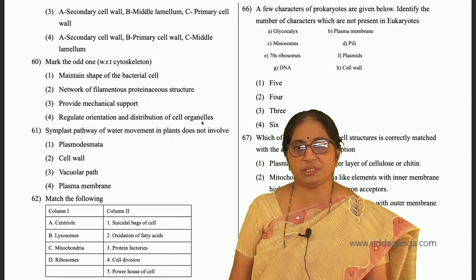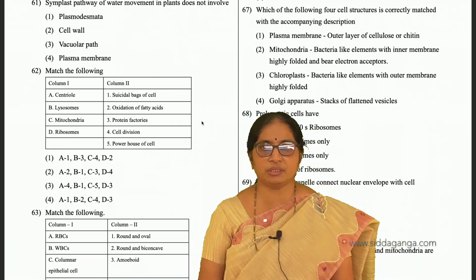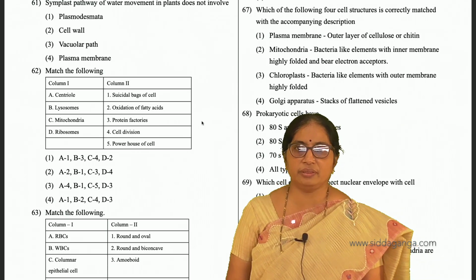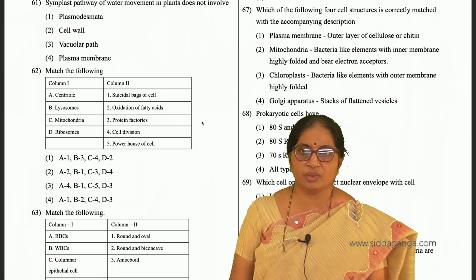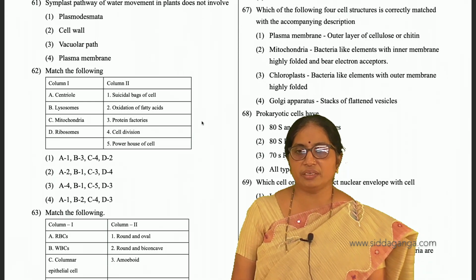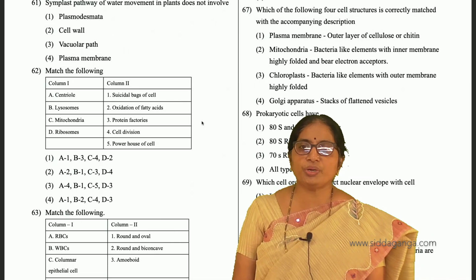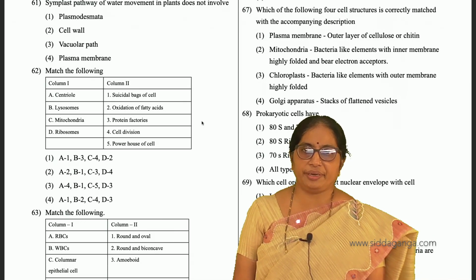Next, question number 67. Which of the following 4 cell structures is correctly matched with the accompanying description? So they have given the various cell organelles and the description of them. Look into the first statement. Plasma membrane, outer layer of cellulose or chitin.